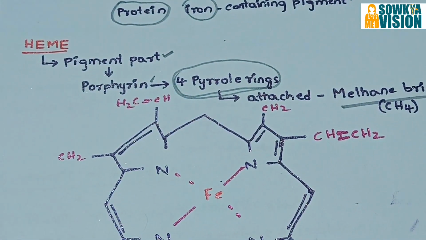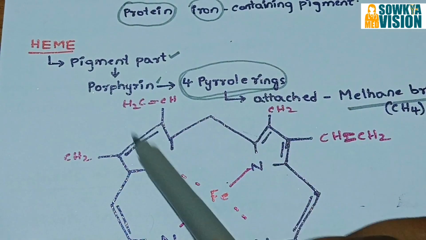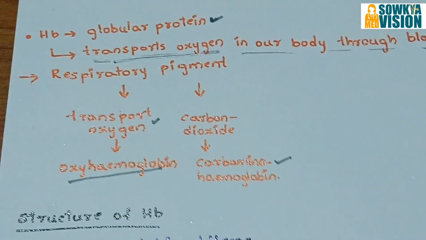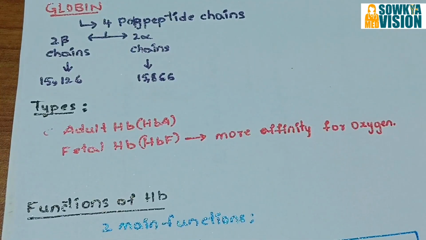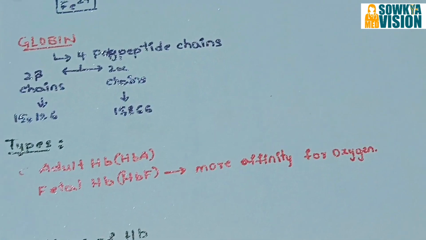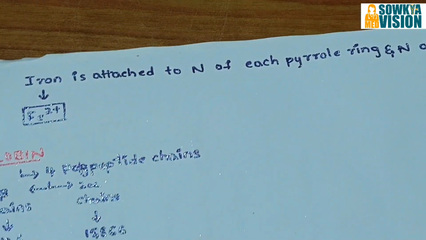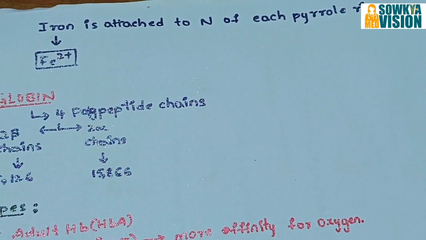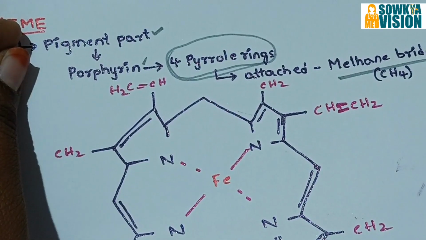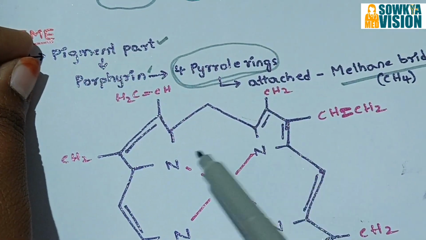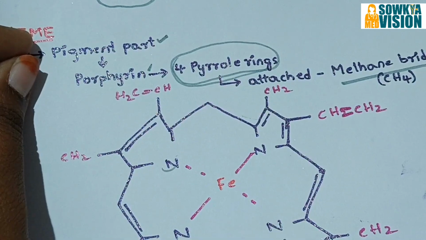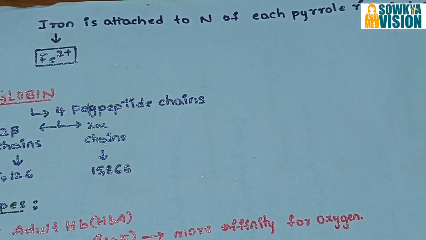Now the iron part: the iron is attached to the N of each pyrrole ring. Here it is, the iron, attached to N. Here N, here N, here N. So it is attached to the N of each pyrrole ring and the N of globin.